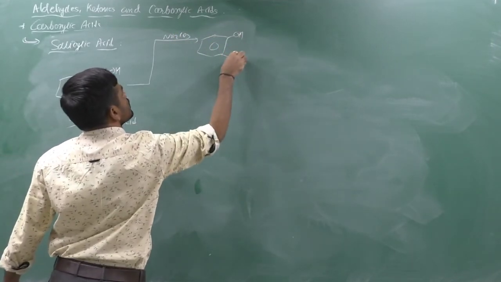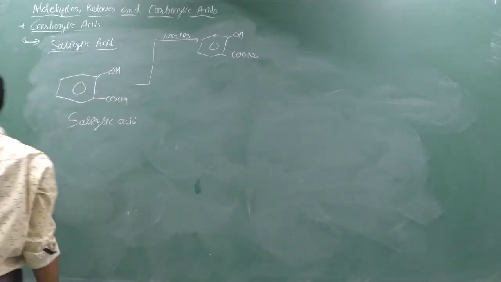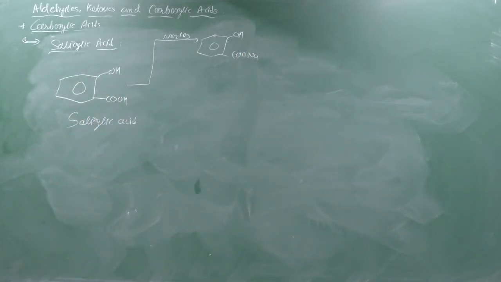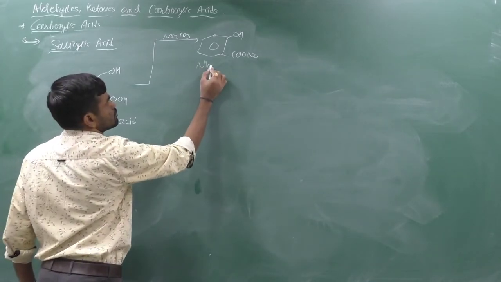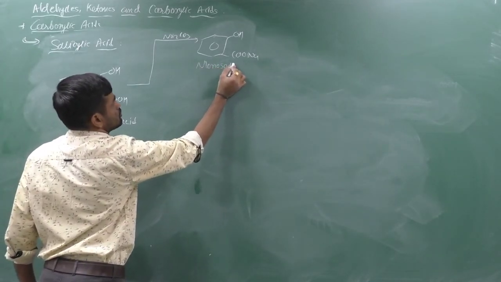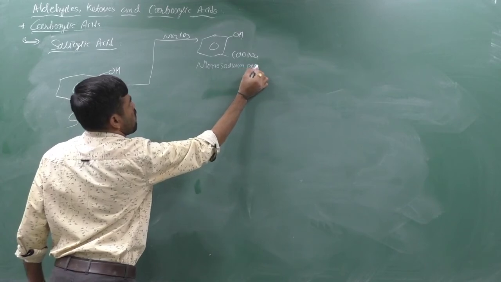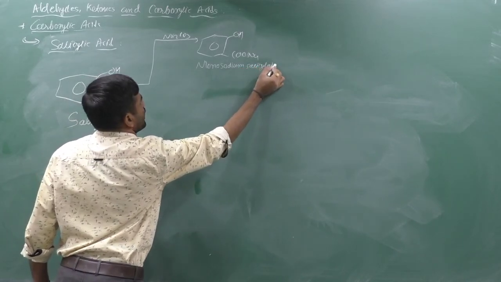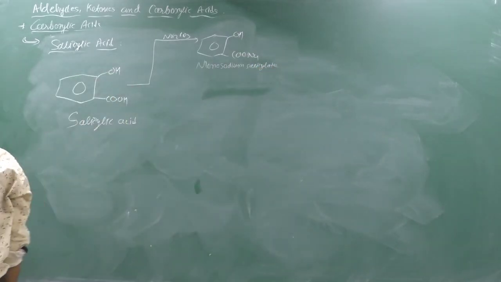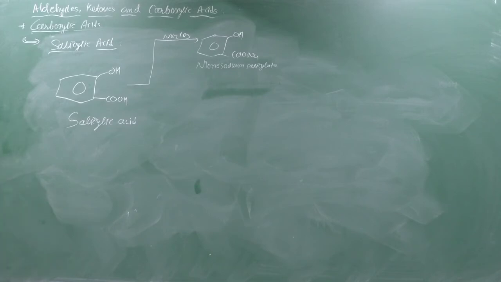OH remains the same, here COONa, which is monosodium salicylate. It proves that it is acidic, because any compound which reacts with Na2CO3 or NaHCO3 is acidic in nature.